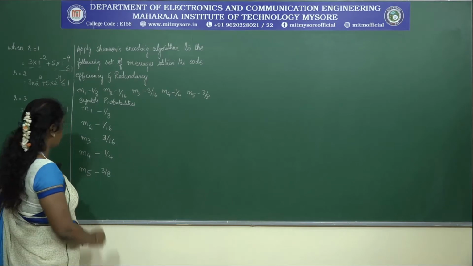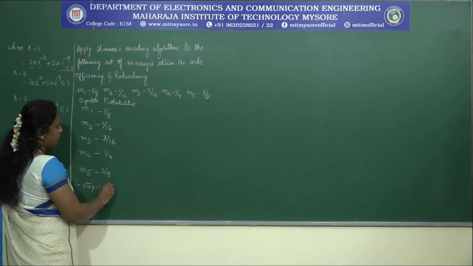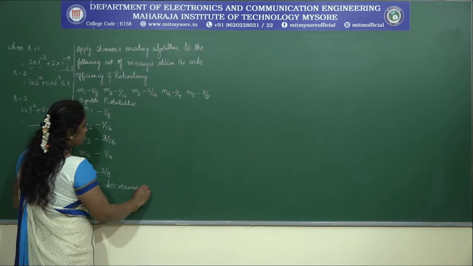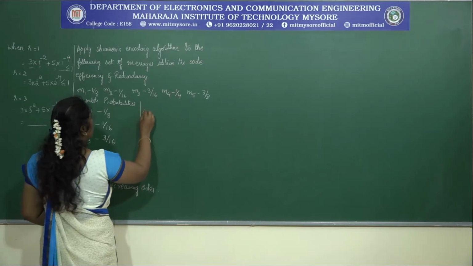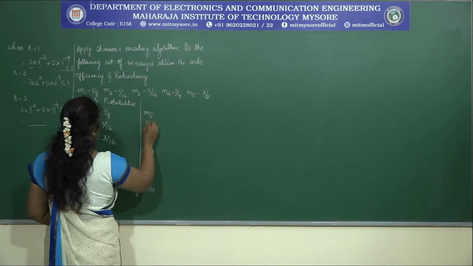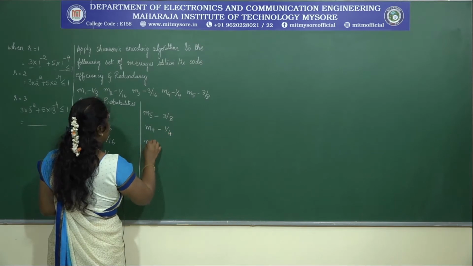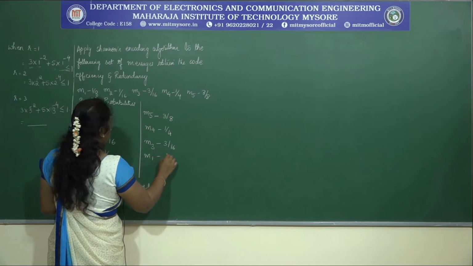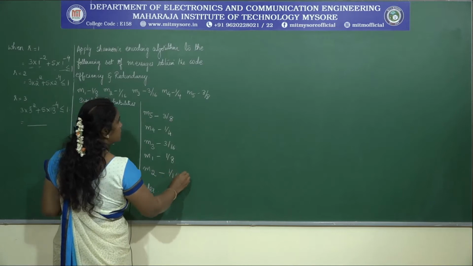Now the very first step is that we need to arrange all these probabilities in the decreasing order. So if we arrange them in the decreasing order, this will be M5, it is 3 by 8, M4 1 by 4, M3 that is 3 by 16, M1 1 by 8, then M2 it is 1 by 16.